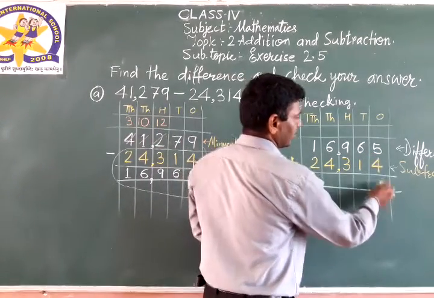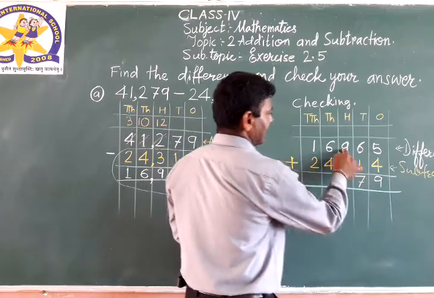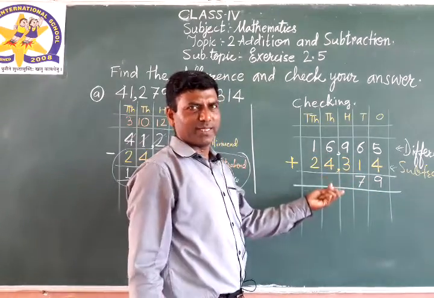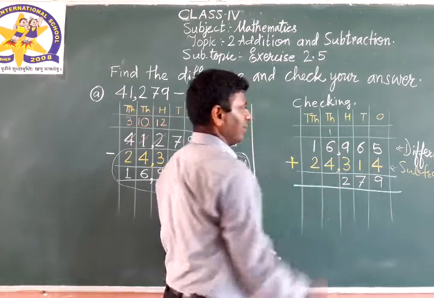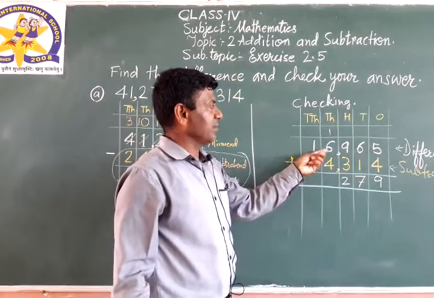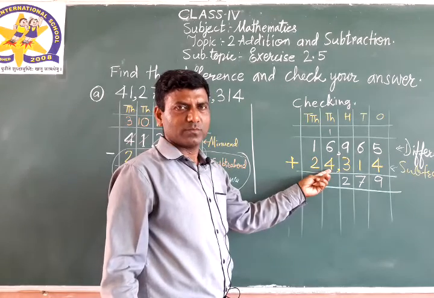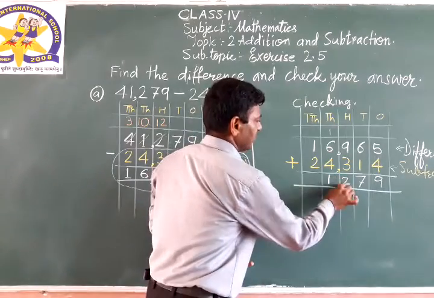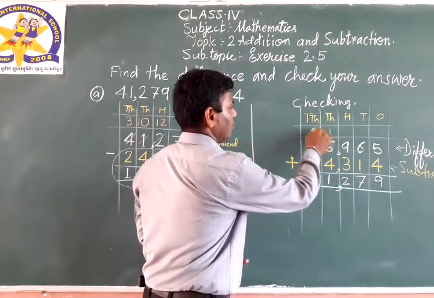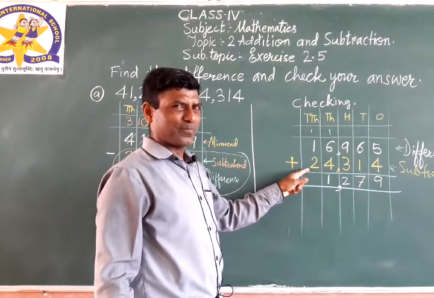5 plus 4, 9. 6 plus 1, 7. 9 plus 3, 12. 2 carry 1. 6 plus 1, 7. 7 plus 4, 11. 1 carry 1. 1 plus 1, 2. 2 plus 2, 4.